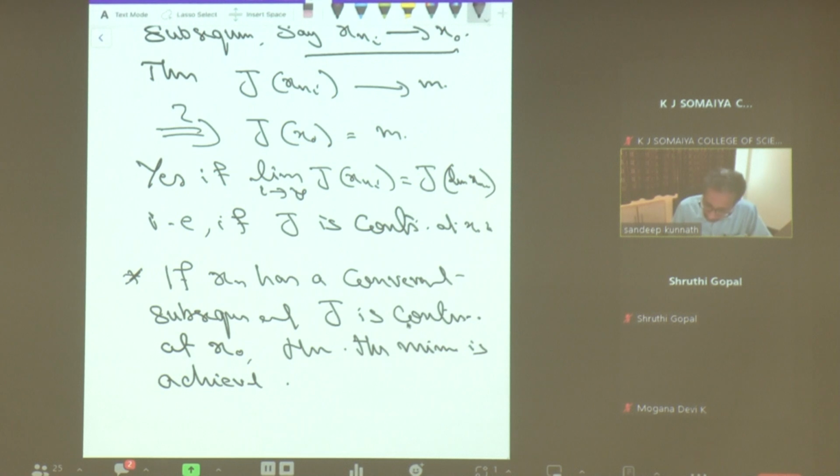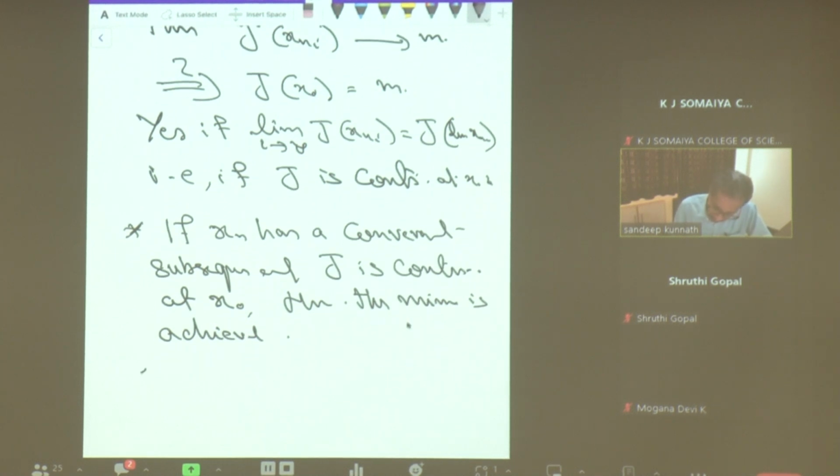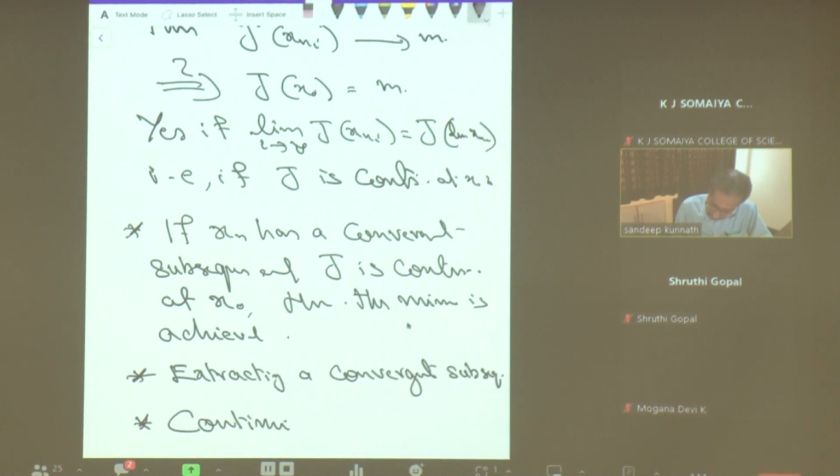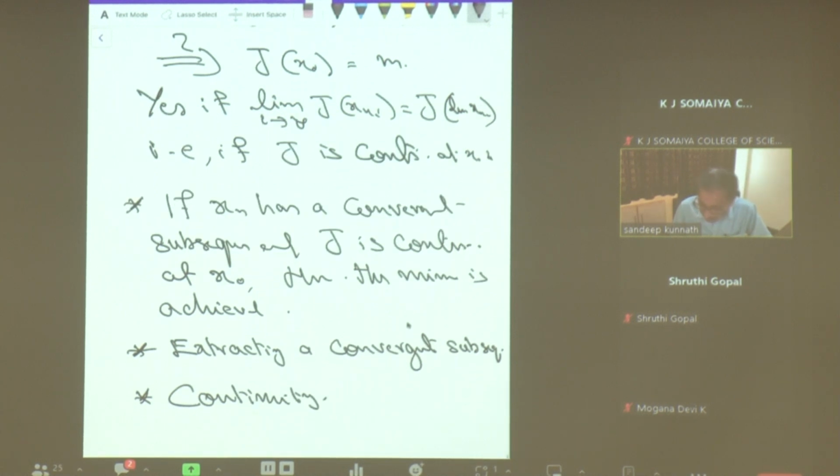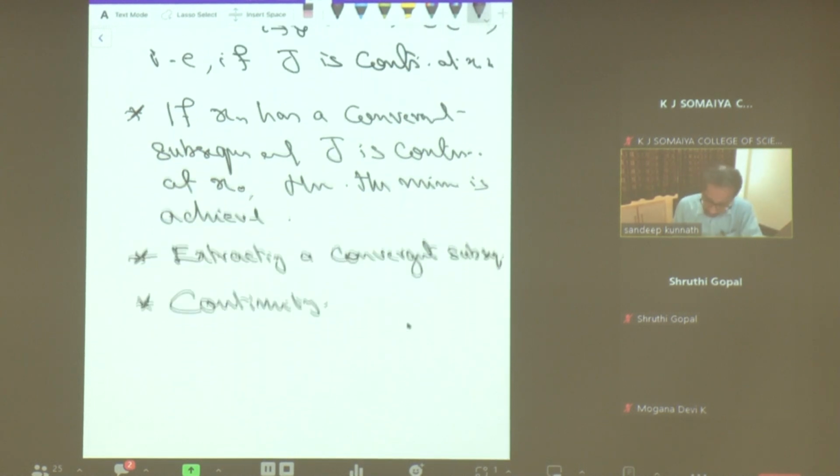Okay. So there are two things involved. One is extracting a convergent subsequence. And the second one is the issue of continuity. If I have these two, then I can show that J will attain its minimum, and therefore it is going to have a critical point.